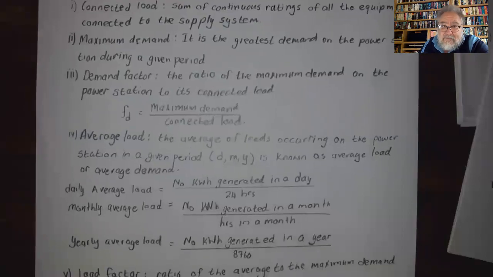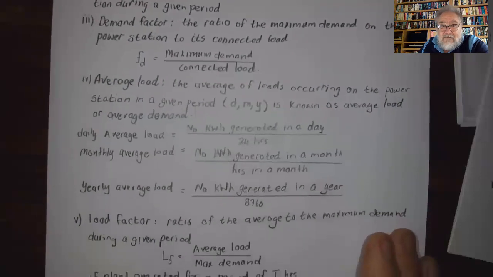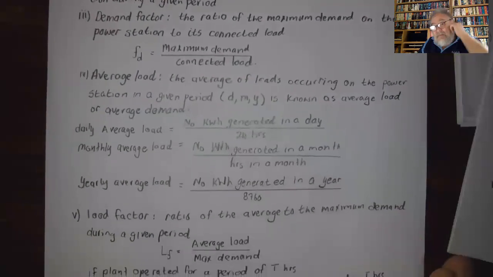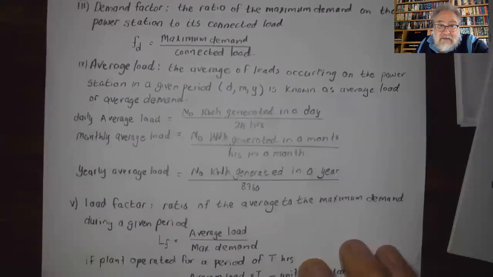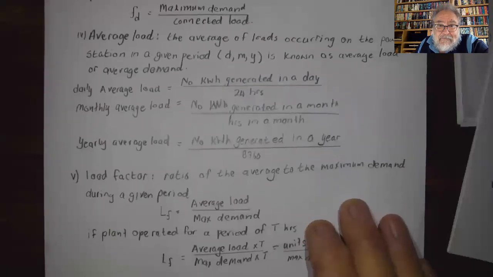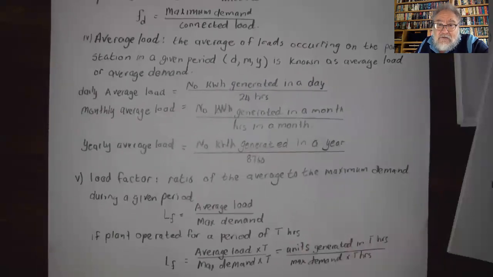Monthly is the same, divided by the hours in the month, and yearly, divided by the number of hours in a year, which is 8,760. Then the load factor is the ratio of the average to the maximum demand during a given period. LF is the average load divided by the maximum demand.